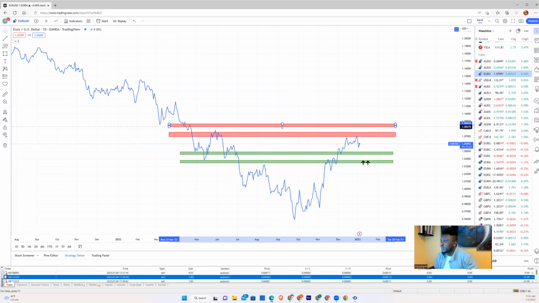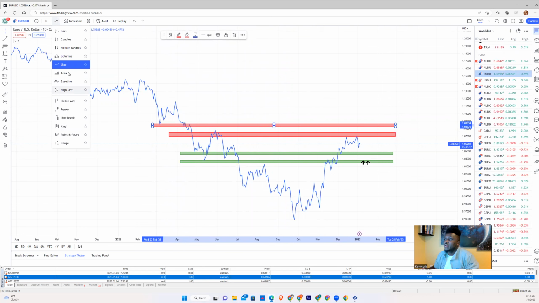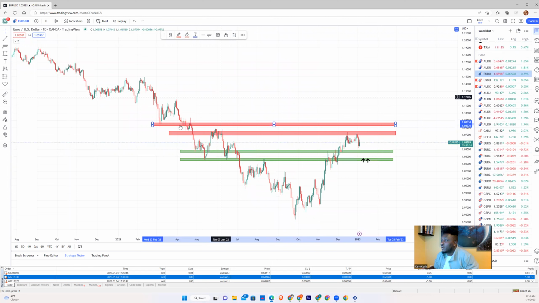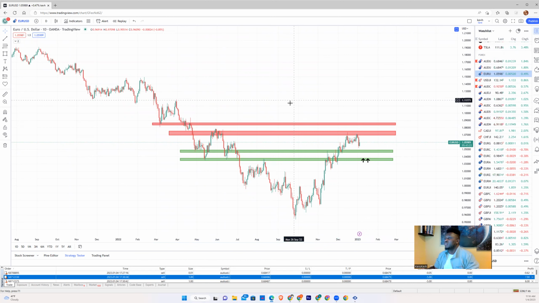And you can see why I'm always looking to the left. I'm always looking to the left for me to choose my support and resistance area. So not just marking it up. I'm looking at something, okay? I'm searching for something.